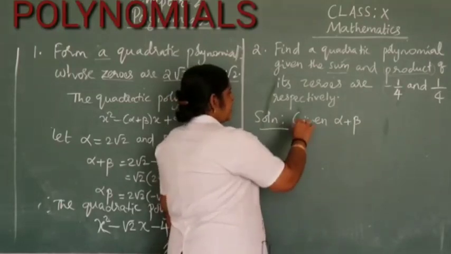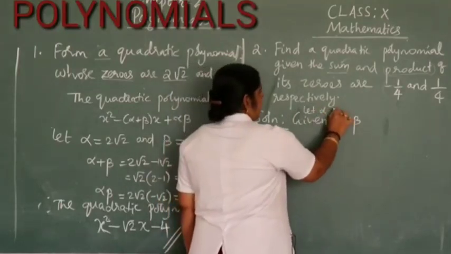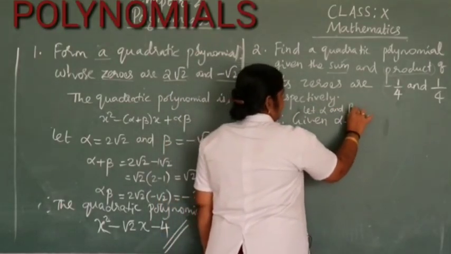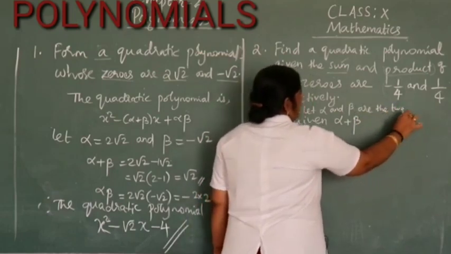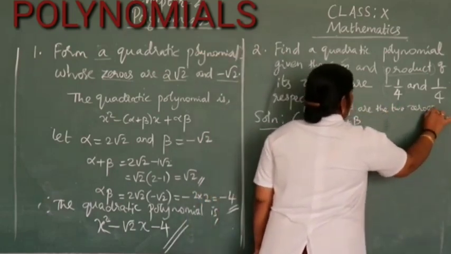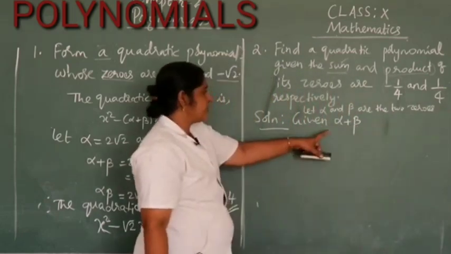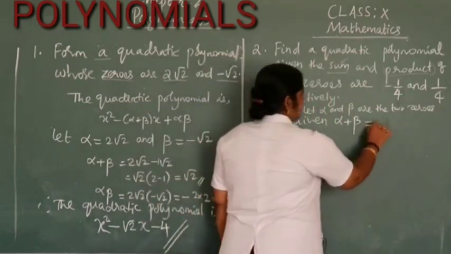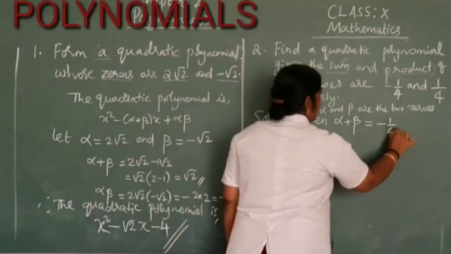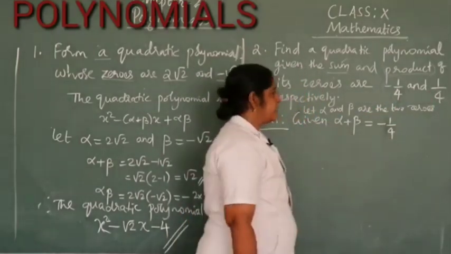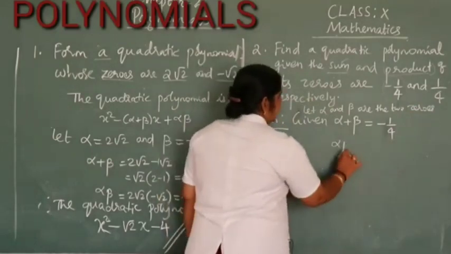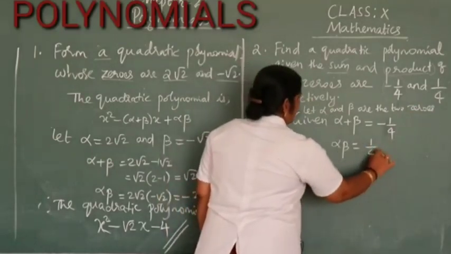Before that you can write, let alpha and beta be the two zeros. So we can write sum of the zeros alpha plus beta is given minus 1 by 4 and product of the zeros, alpha beta equal to 1 by 4.